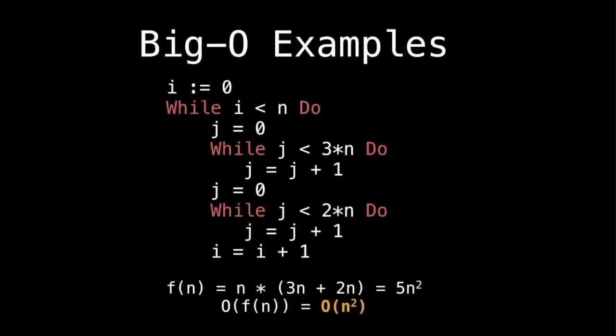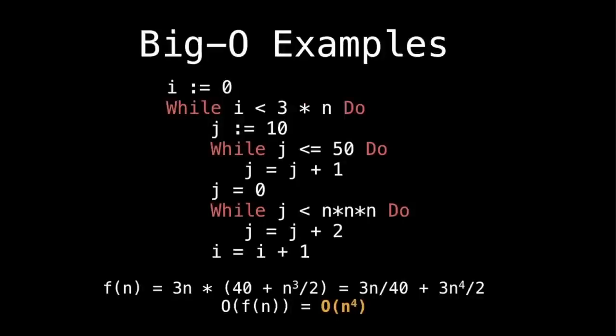The rule we use to determine the complexity of this algorithm is to multiply loops on different levels and add those that are on the same, generally speaking. Using the rule above, we can see that it takes n work to do the outer loop, multiplied by 3n plus 2n for both inner loops, which gives us 5n squared, which is big O of n squared.